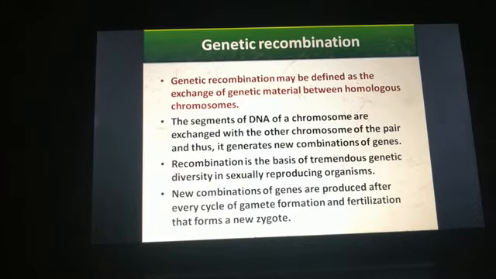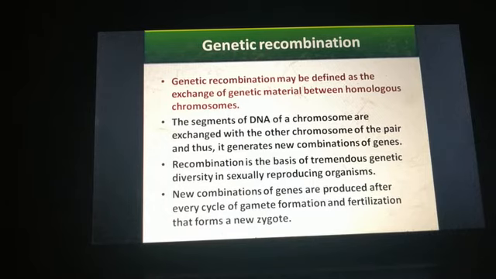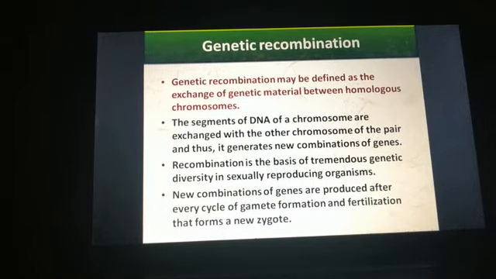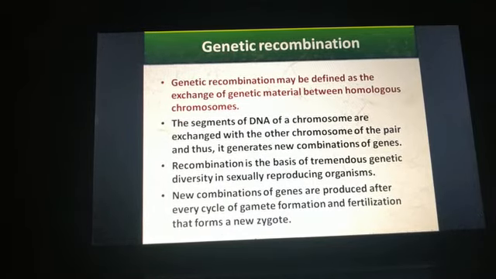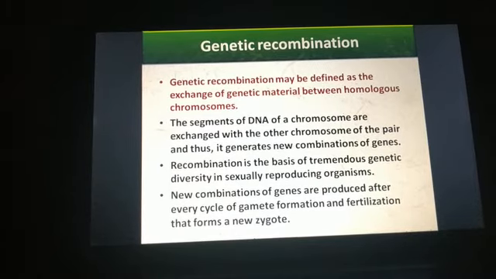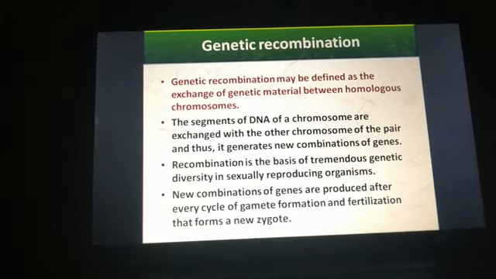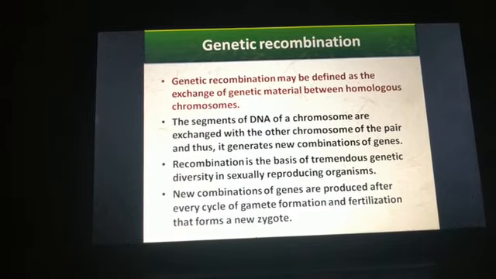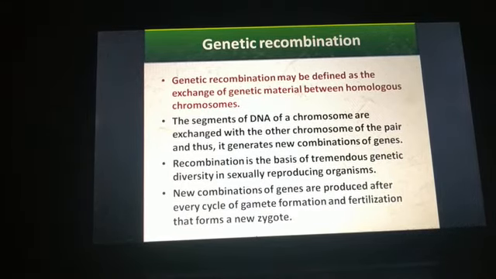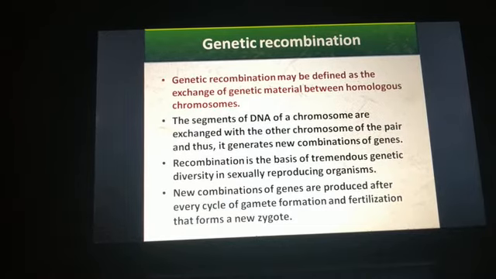Only during meiosis, which occurs in reproductive cells, where the formation of the gametes takes place. So in meiosis we can see this genetic recombination, because meiosis is involved during sexual reproduction, and gametes are formed.